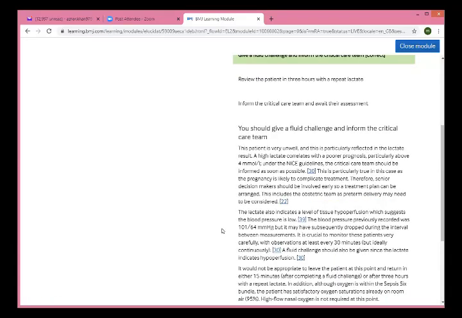So this patient is very unwell. A lactate of 4 is highly pathological and carries a worse prognosis. A high lactate correlates with a poor prognosis, particularly if it's above 4. Lactate also indicates tissue hypoperfusion, which suggests the blood pressure is low.